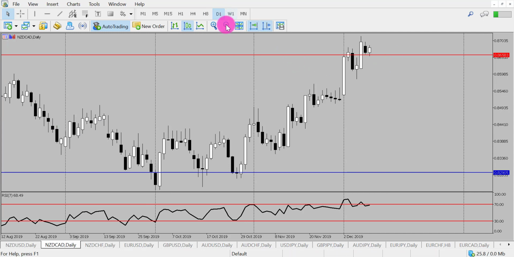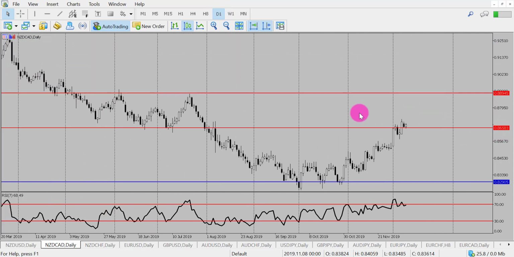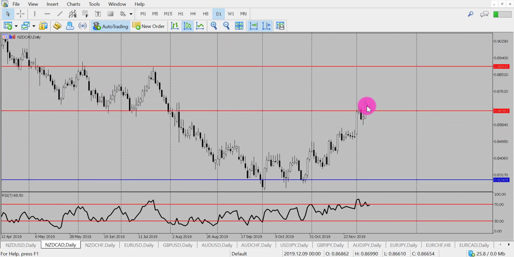Going down to a daily time frame, we can see the market has pulled back into this point, but we're getting a bit of RSI divergence. The market has formed a higher high here, and the RSI has formed a lower high, showing us that we could start seeing a little bit of divergence here as well.